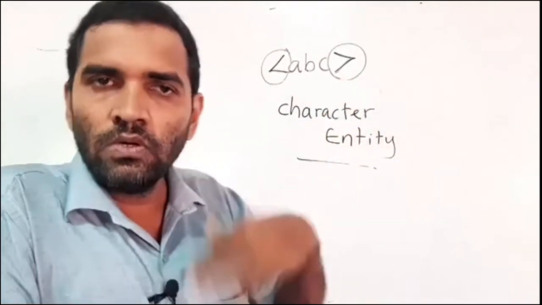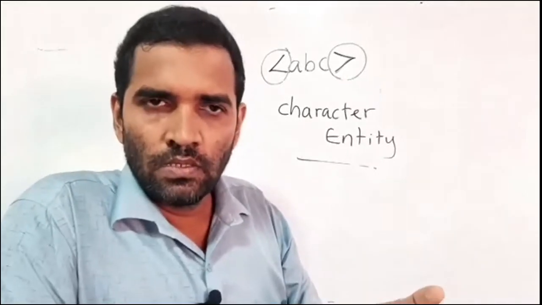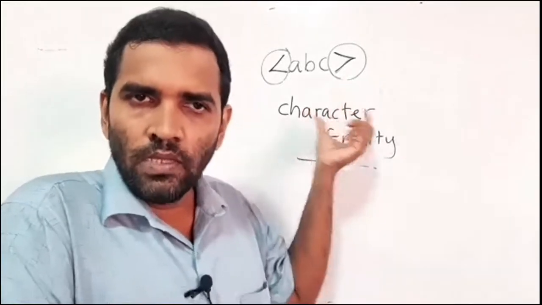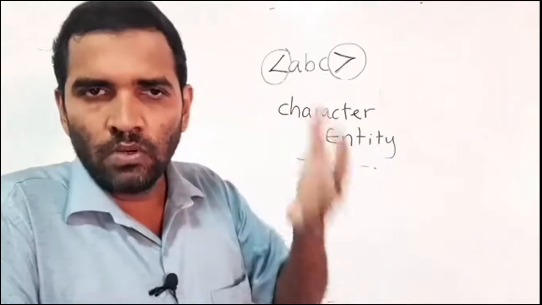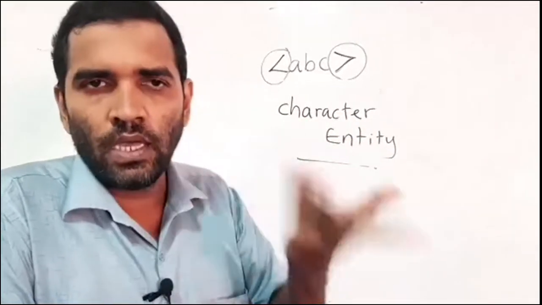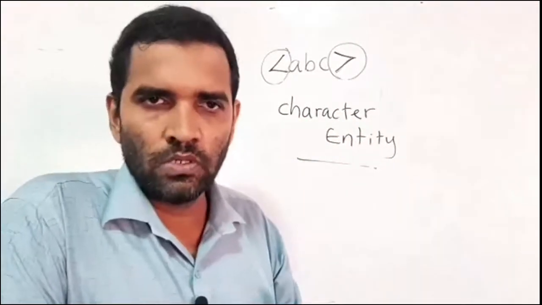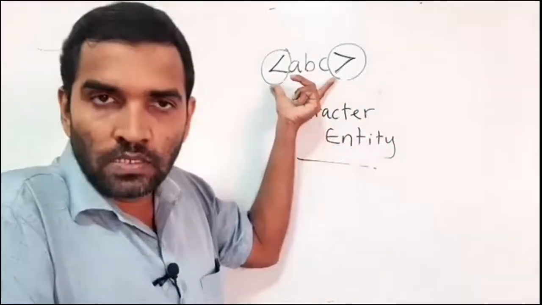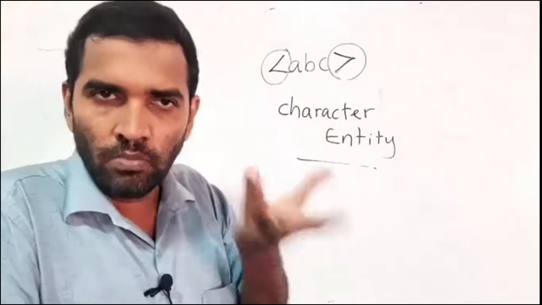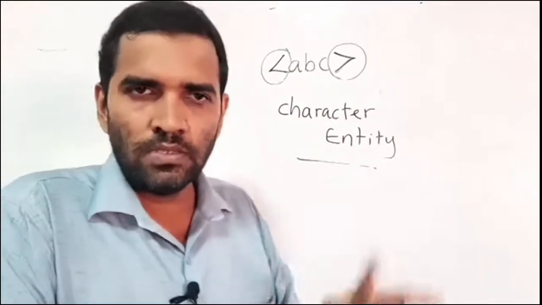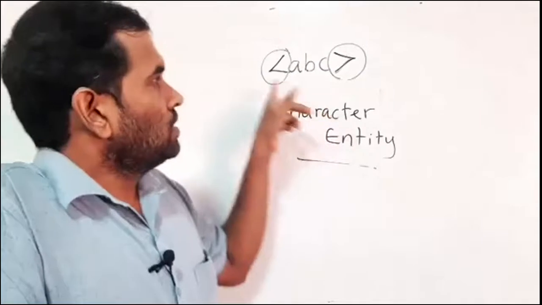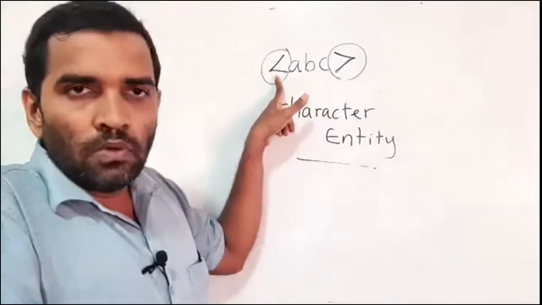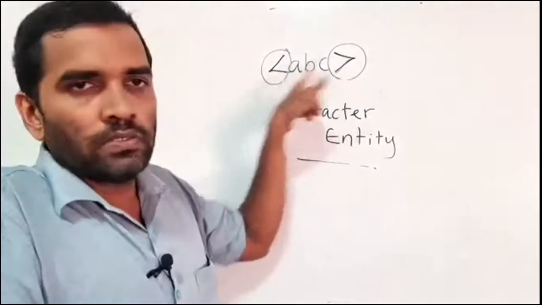Because they are used for tags, the browser gets confused and refuses to show the output, because the browser thought this was a tag and didn't know the meaning. That's why it didn't show any output, right? So the problem occurred because of these two characters.